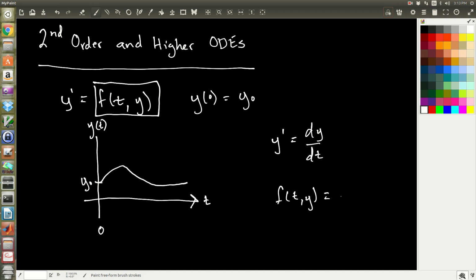So it could be equal to, I don't know, y minus t squared, or it could just be equal to y, or it could be equal to just a function of t cubed. It doesn't matter as long as it's only a function of just t and just y.